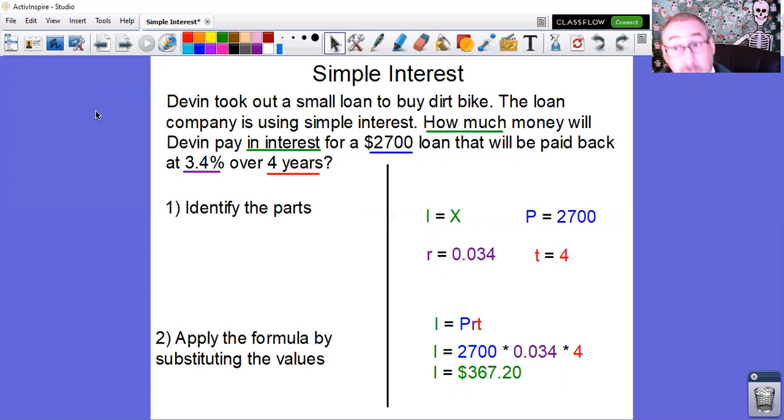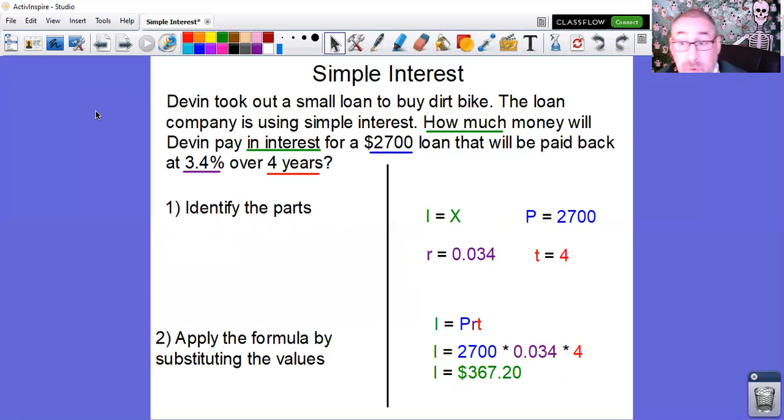That's what we're trying to learn. The principal is how much he took out for the loan. So $2,700 is his principal. His rate is 3.4%. So 3.4 divided by 100, we get the decimal 0.034, and his loan is going to be for 4 years.